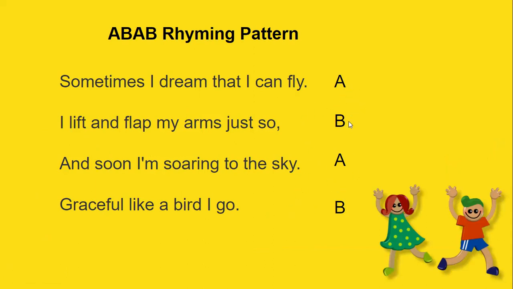So that one is an example of A, B, A, B. If we listen to our metre: sometimes I dream that I can fly. I lift and flap my arms just so, and soon I'm soaring to the sky, graceful like a bird I go. So the stress is on every second syllable. That's an example of the A, B, A, B rhyming pattern.